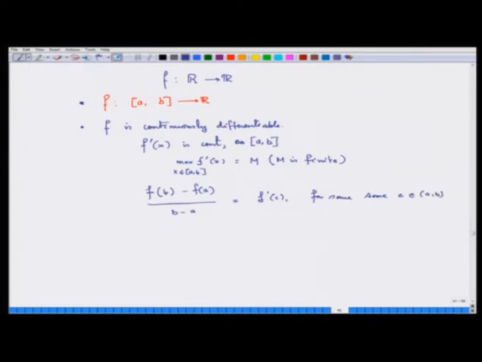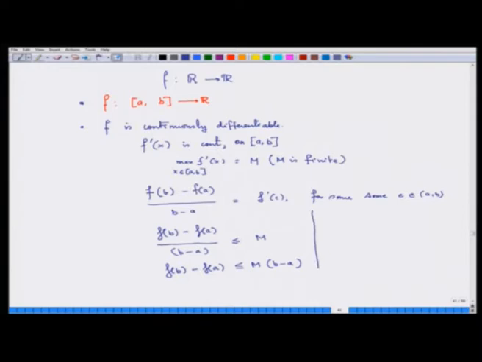Now, whatever be your f dash c does not matter, it has to be less than equal to M. So, f b minus f a is less than equal to M times b minus a.